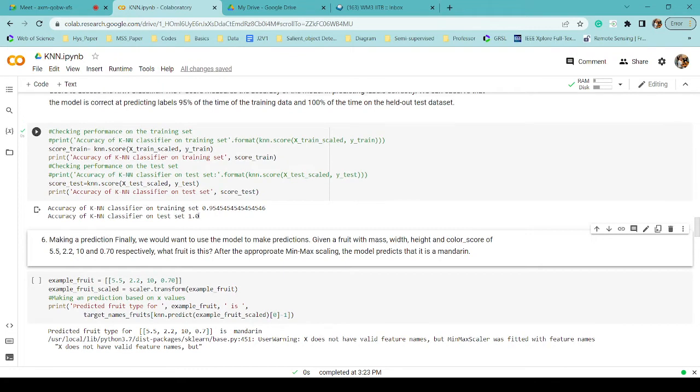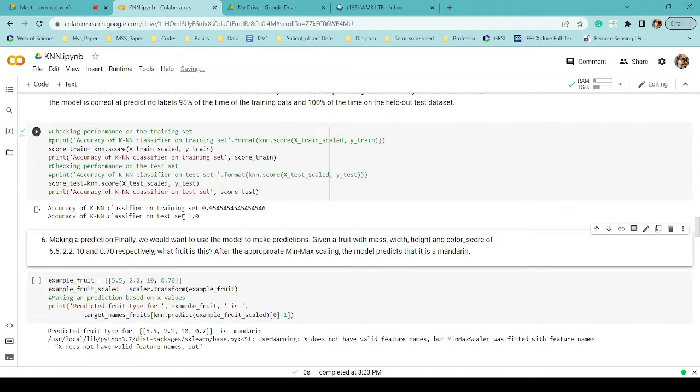Now see, for training I'm getting 0.95 and for test data it's 1. So this means for testing, whatever values it's taking, it is giving a good result. It's feasible for test data to give 1, that is 100% accuracy, because the training has already been done on the training set data.